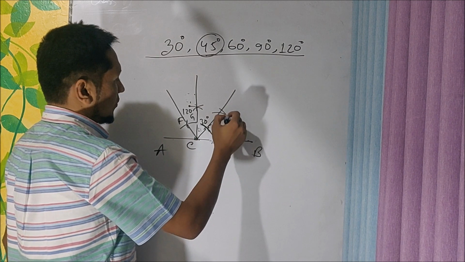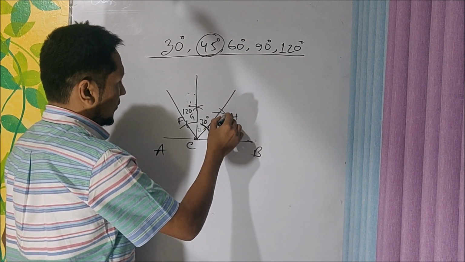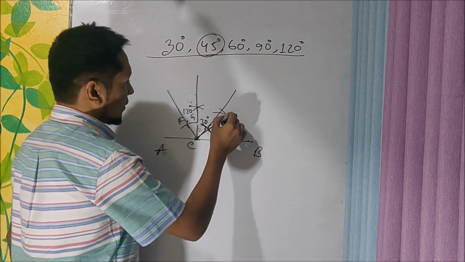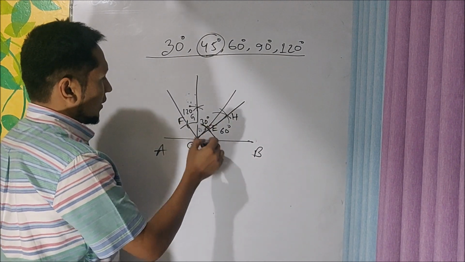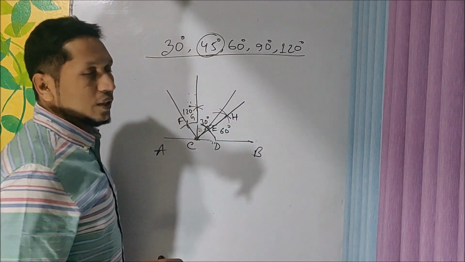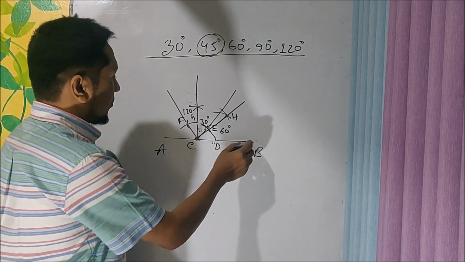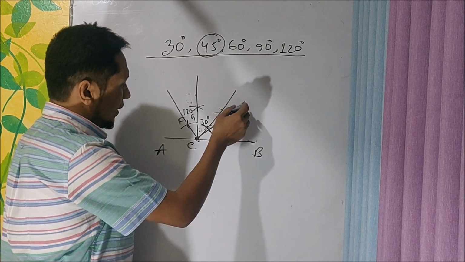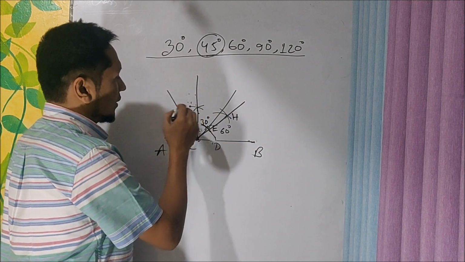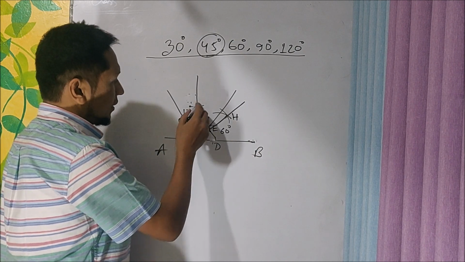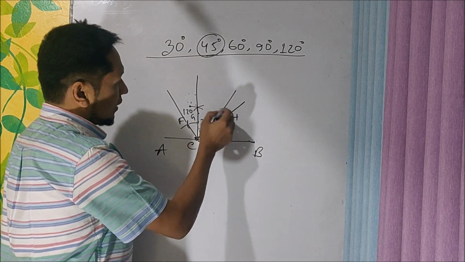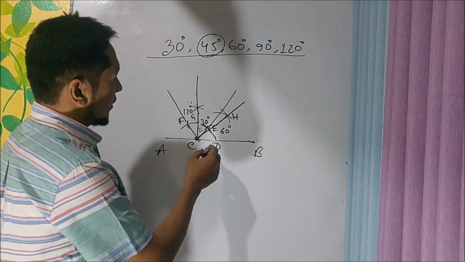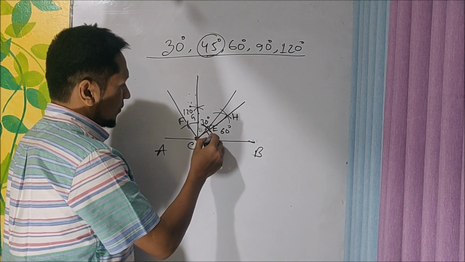They meet at the point, suppose H. So if we join CH, then the angle BCH will give 45 degree, because CH is the bisector of angle BCG, and since BCG is 90 degree, BCH will be 45 degree. So we can say this angle is 45.